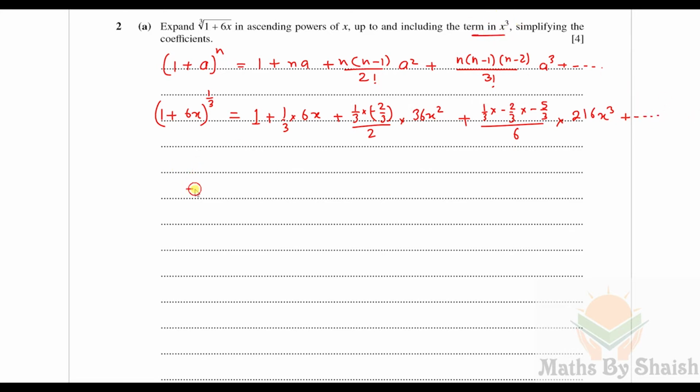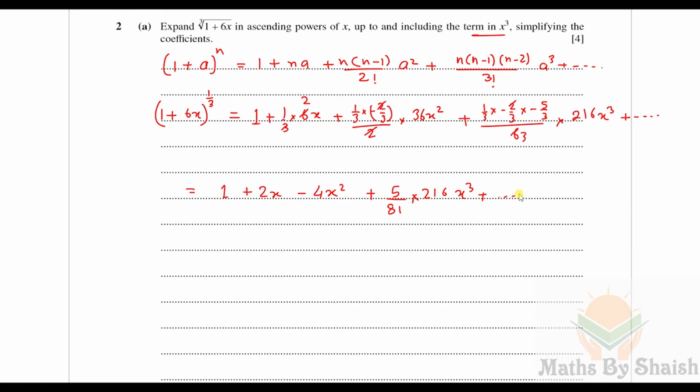So let's simplify it. These 2s got cancelled, so it is 1 plus 2x, and it is minus here, and 2 got cancelled, and 3 3s are 9 and 9 4s are 36, so it becomes minus 4x squared. And then it is plus 5 upon 1 2 3 4 times 3 into 3 into 3 into 3 is going to be 81, and here it is 216x cube, and so on.